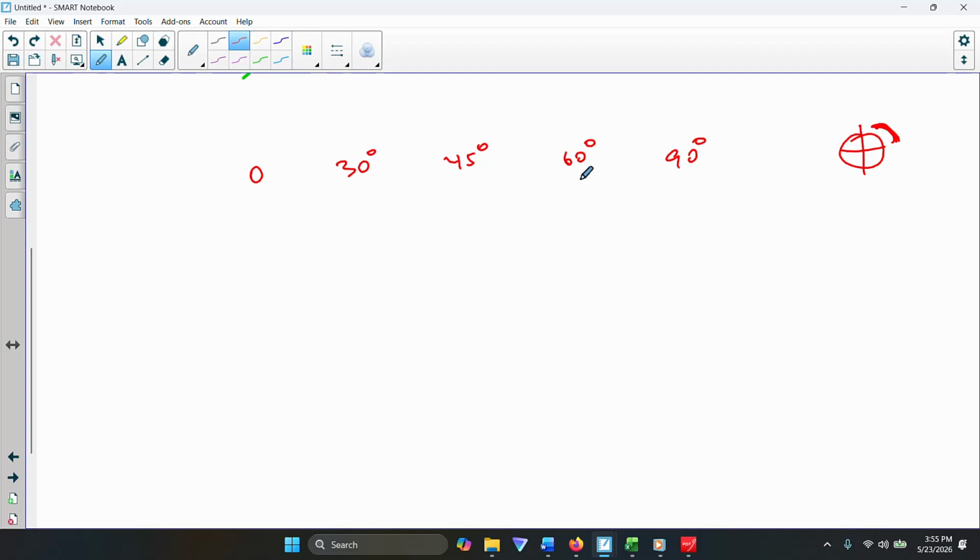It's already incorporated in here. Anyway, so these are my reference angles. So I'll just do theta reference. And this is in degrees, but what is it in radians? Well, this is 0, 0. So this is pi over 6, pi over 4, pi over 3, and pi over 2.